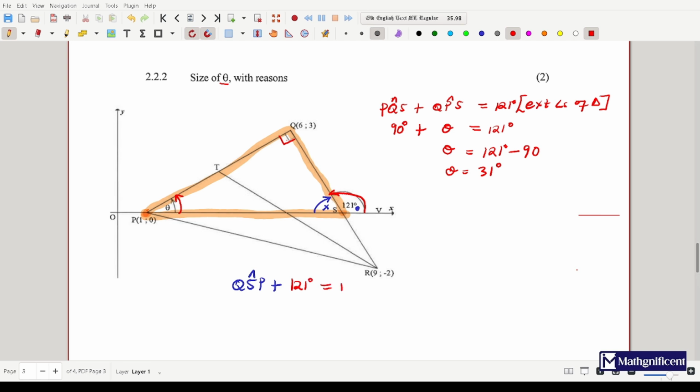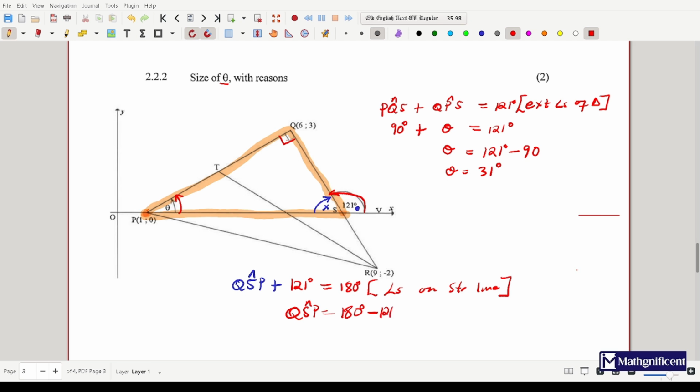We know that this is going to give us 180 degrees because we have angles on a straight line, right? Angles that are on a straight line add up to 180 degrees. And then from this we would say that we have QSP, which is 180 degrees minus 121.